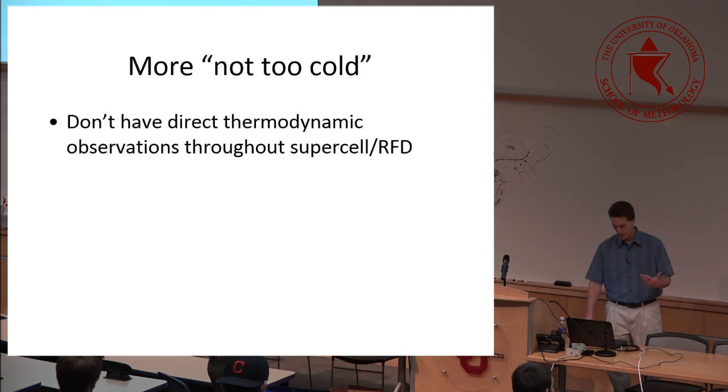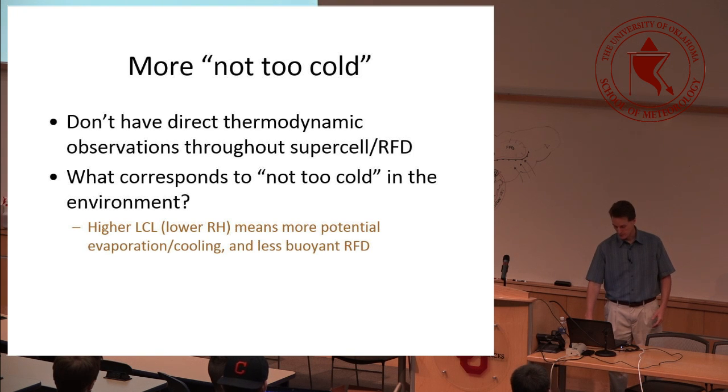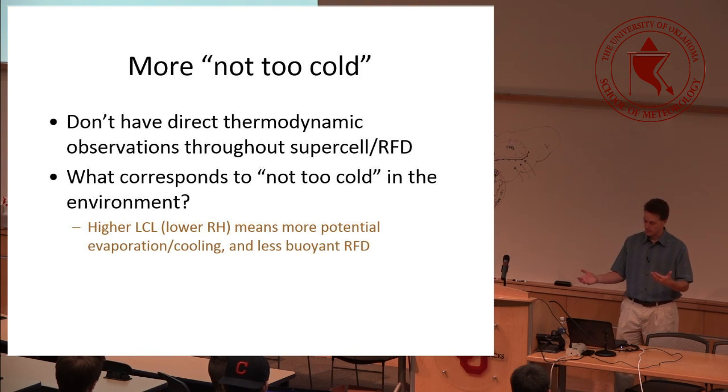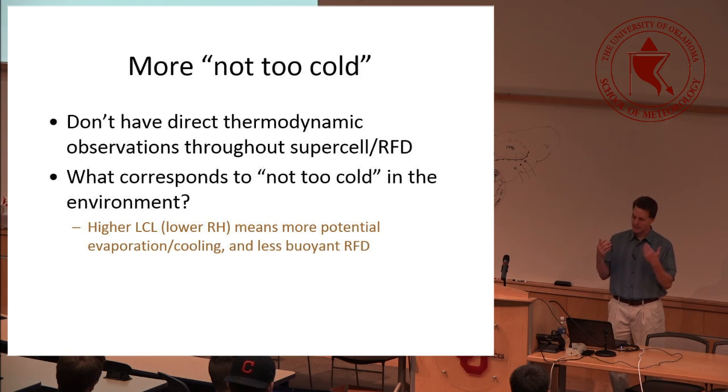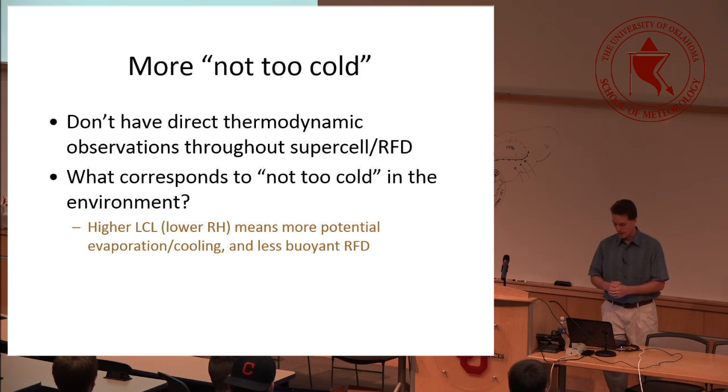So again, we don't have direct observations of this stuff, and what corresponds to not too cold in the environment. I've already mentioned it, but the notion of LCL is one measure. It's one thing that we've looked at. Does it explain all of the variability? Of course not. But it does a remarkably good job for as simple a quantity as we have. And what's nice about something like LCL height, you can base this on surface observations, which is our most dense observing network.